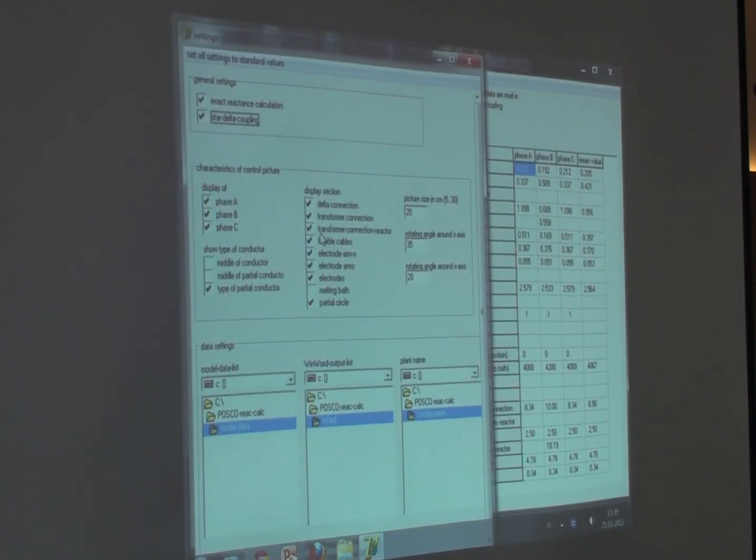We call this XA, XB, and XC. This is on the star side. Here are the other reactances of the furnace. And here's the resistance of the furnace, A, R, F.